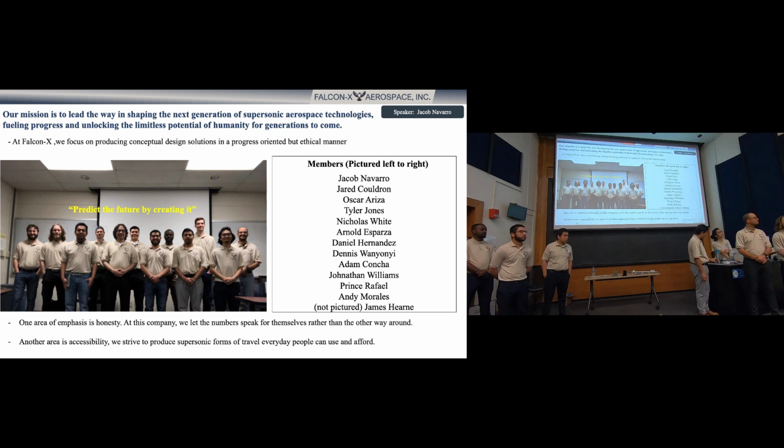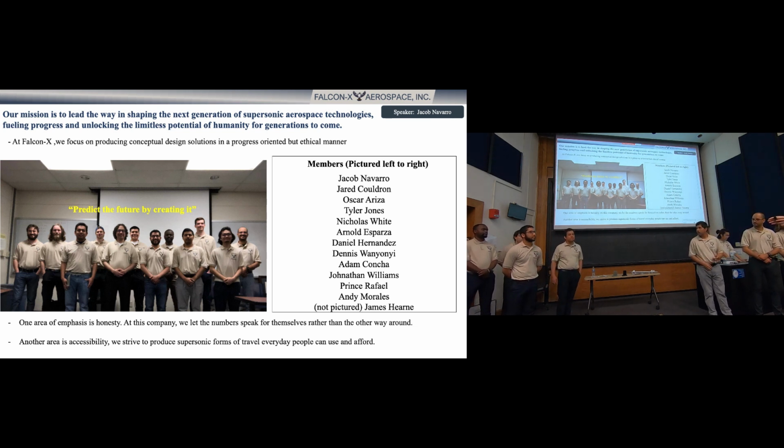Right here I have my geometry lead, Tyler Jones; synthesis and geometry member, Jared Calderon; civilian control and propulsion member, Andy Morales; propulsion lead, Adam Concha; weights and balances lead, Prince; weights and balances and civilian control, Oscar; trajectory and performance lead, Daniel Hernandez; aerodynamics lead, Nicholas White; weights and balances and trajectory and performance member, Dennis; stability lead, Arnold; and trajectory and performance and cost member, James.